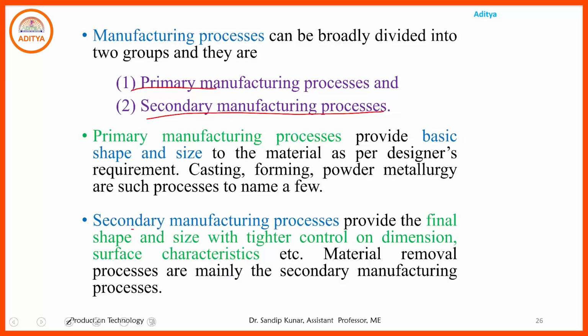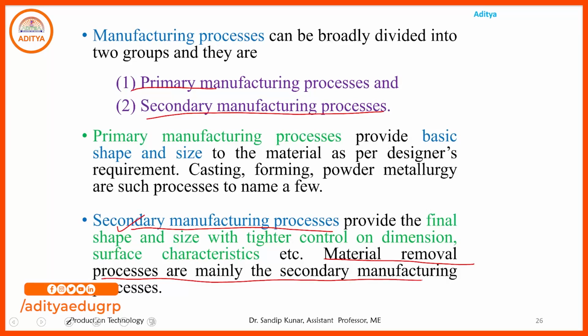But the secondary manufacturing process provides the final shape and size with tighter control of dimensions, meaning accurate dimensions. All material removal processes, by conventional machining or advanced machining, are secondary manufacturing processes. By removal of material we get the finished product.